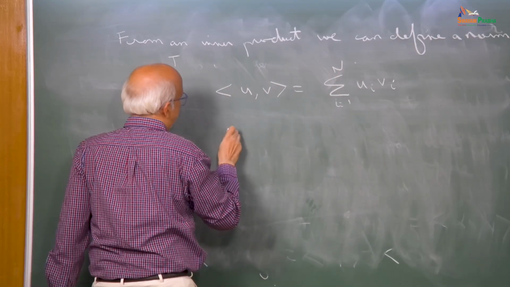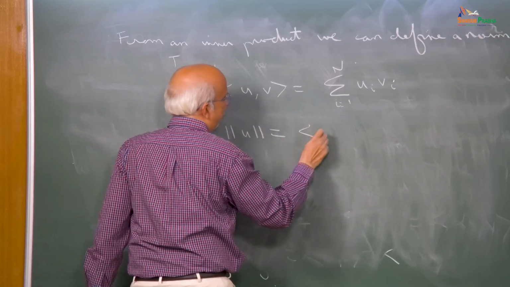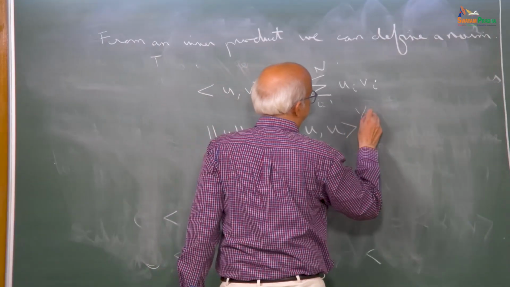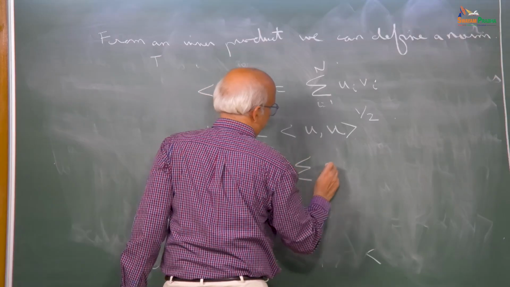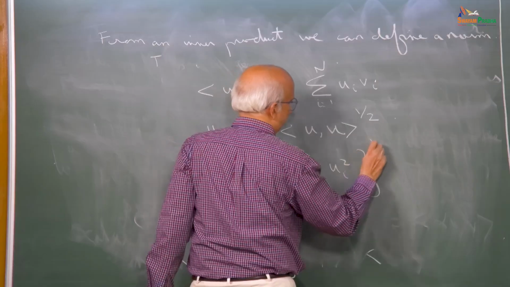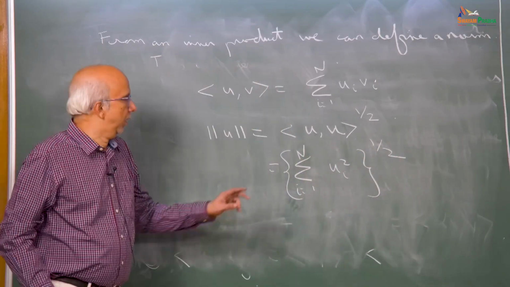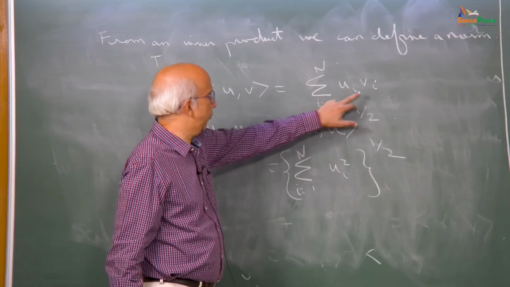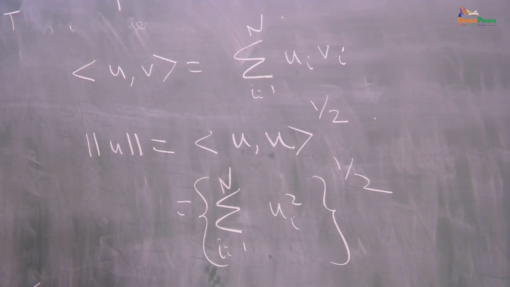And what is the norm of u? I can write the inner product of u with u to the power half, because this is sigma ui squared to the power half. So, inner product of u with u is nothing but sigma ui squared. That is what, when I spoke about length, I had this power half.